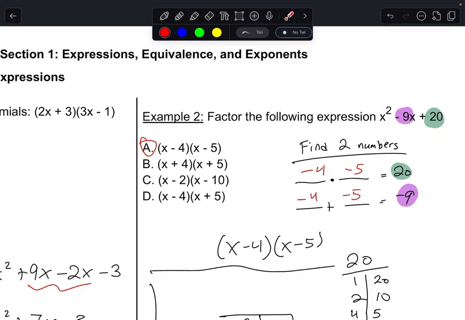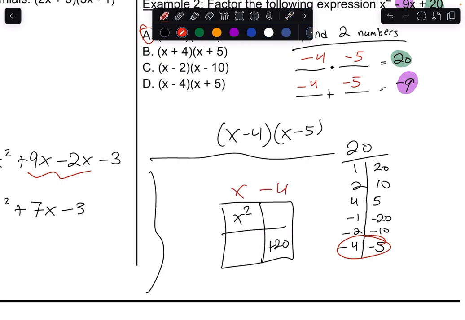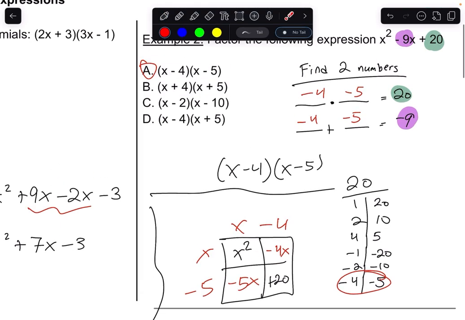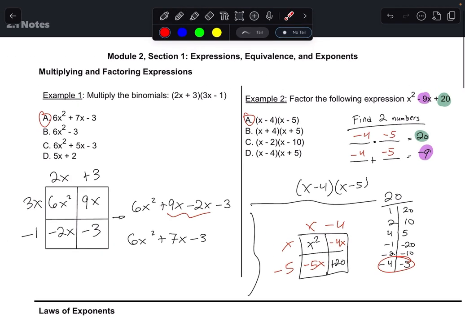Doesn't multiply to be this. Doesn't multiply to be this. This one, if you multiply it out, and I'll show you here real quick, x minus 4 and x minus 5, notice that in this case, -4 and -5 do add up to be a -9. Using your answer choices to your benefit is always wise.